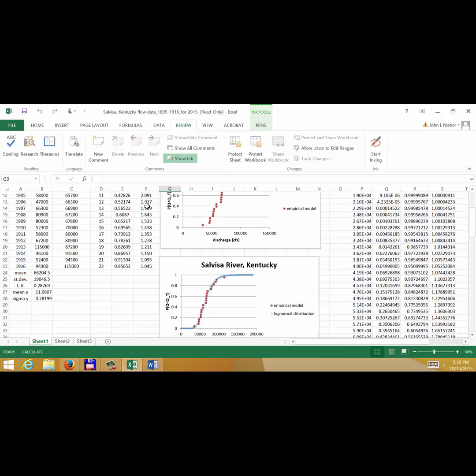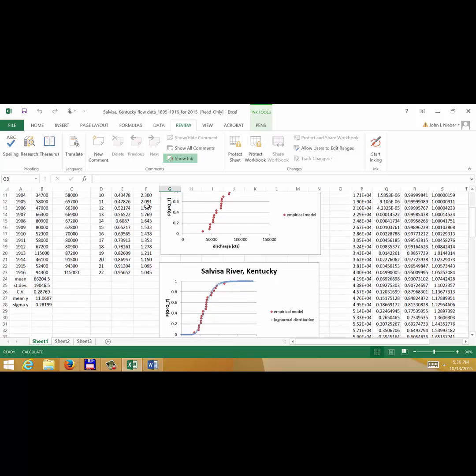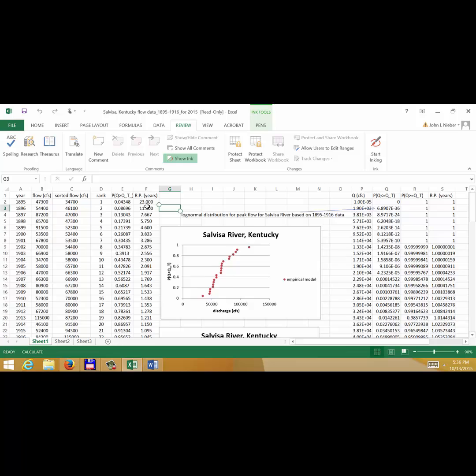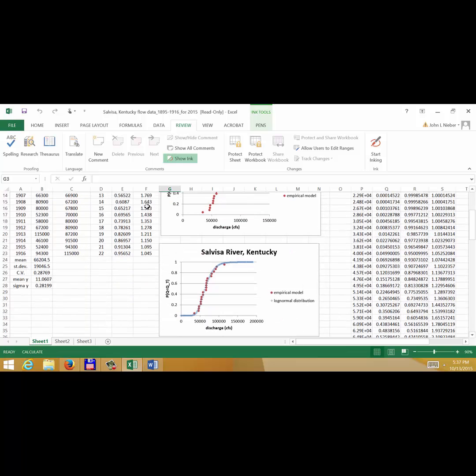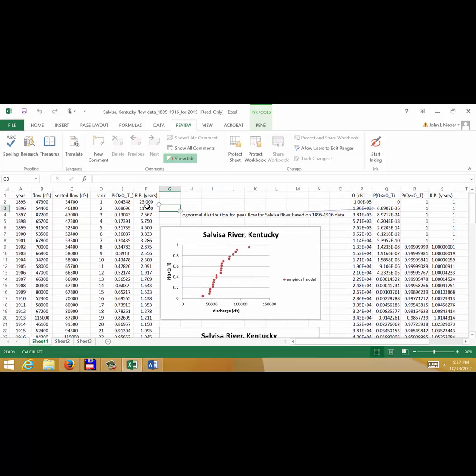The one in row 1 would be 1.045, and the one in row 23 would be 23.0. But for right now, I won't concern myself with that. And maybe I should go ahead and correct that right now.